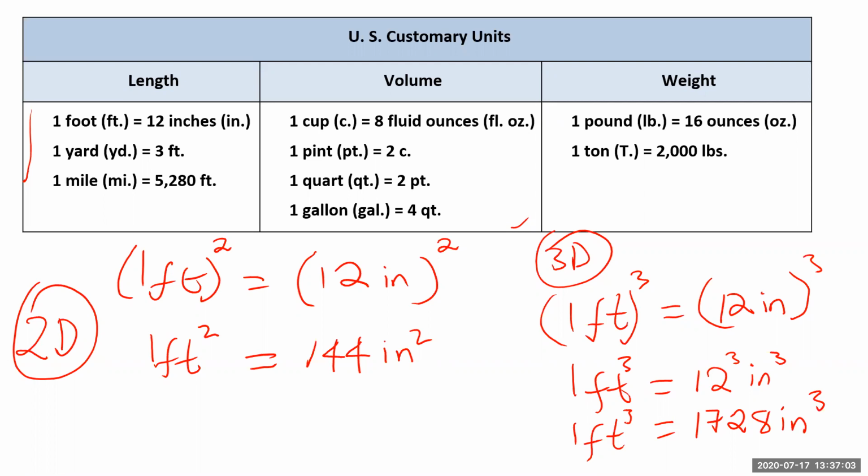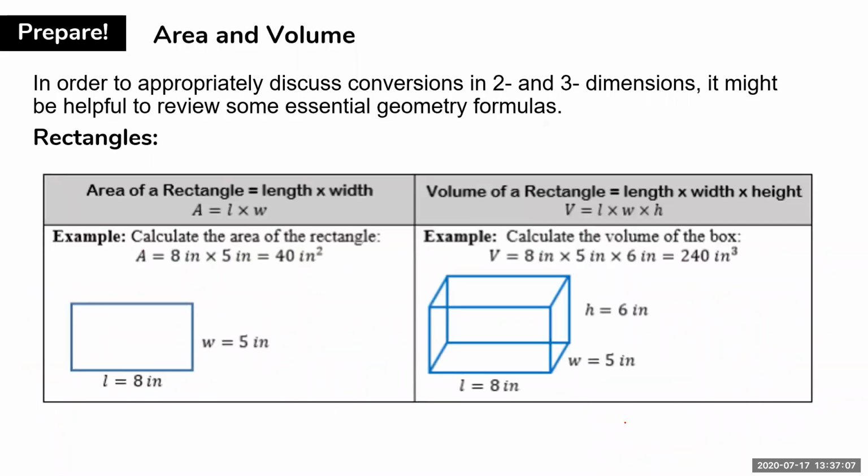Now, we are still going to go with the factor label method. All right. So here we have area and volume. Now, you may be familiar with this. So if you want to find the area of a rectangle, that is the length times the width. So 8 inch times 5 inch is equal to what? 40 inch squared, because you're doing inch times inch, and that will give you an inch squared.